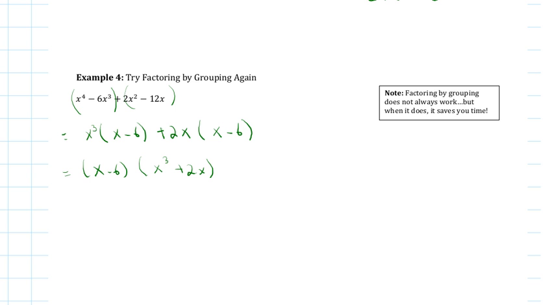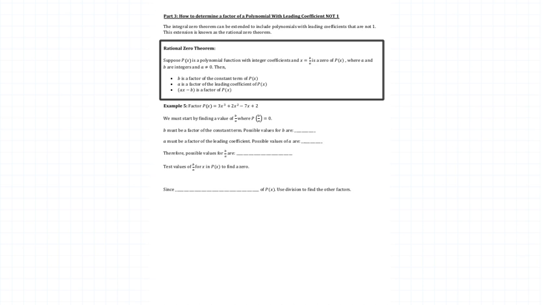So you see my common factor here is x minus 6, and then x cubed plus 2x. I can factor an x out here, so that's going to be x minus 6, and then x squared plus 2. x squared plus 2 is not factorable, so that's it. That's the most factoring I can do.